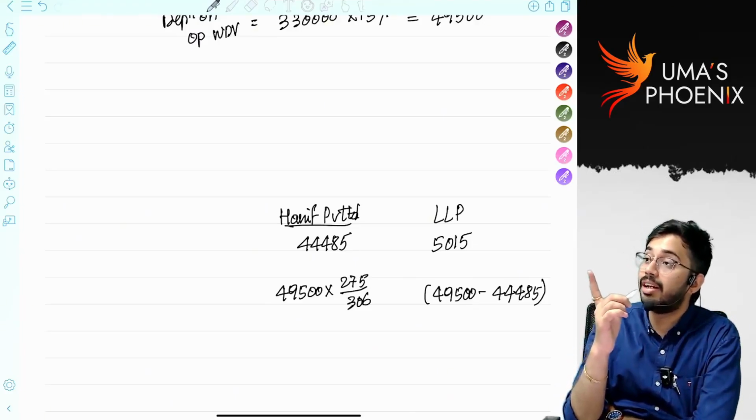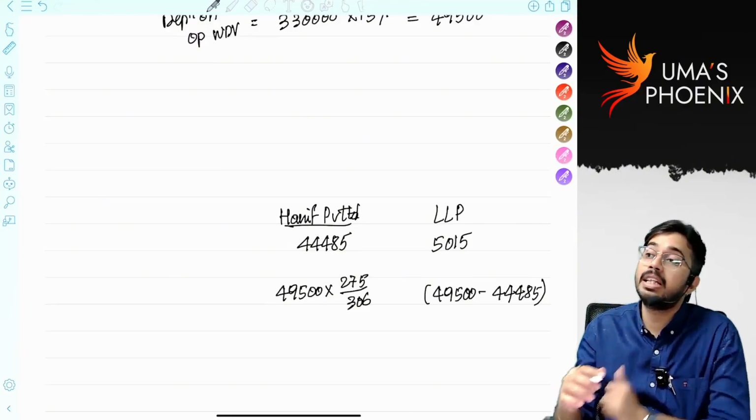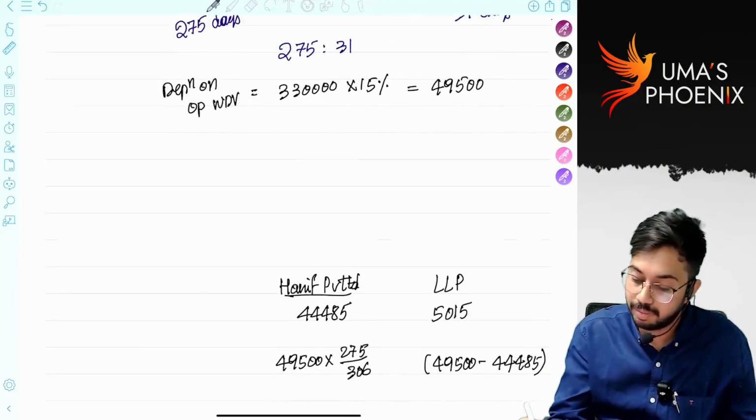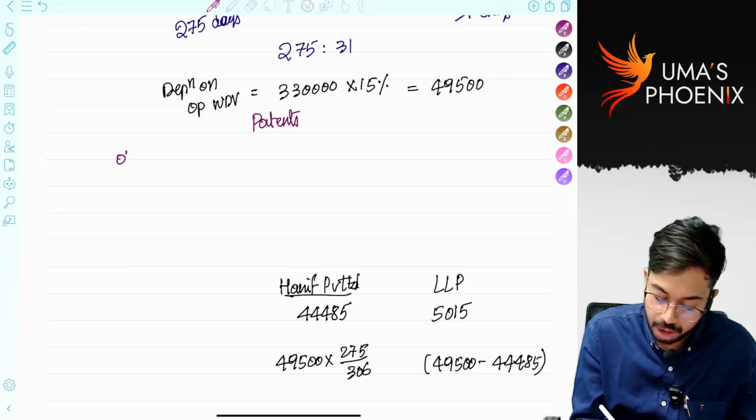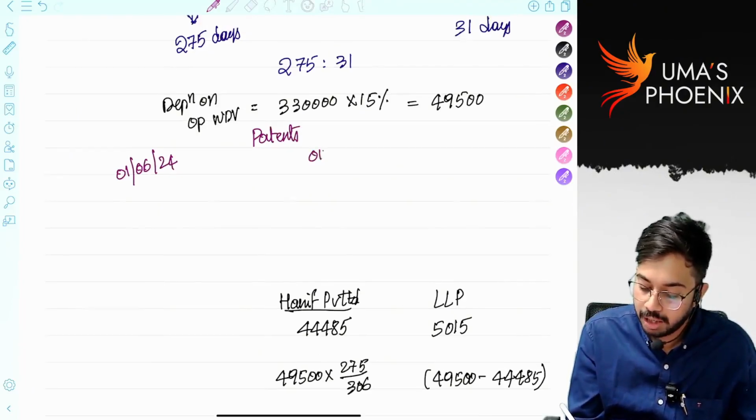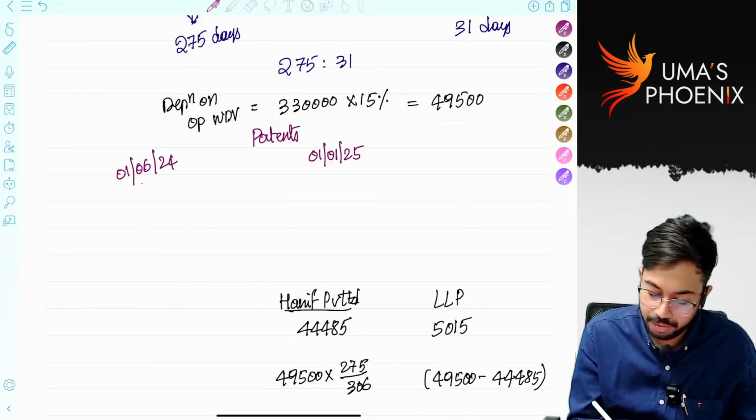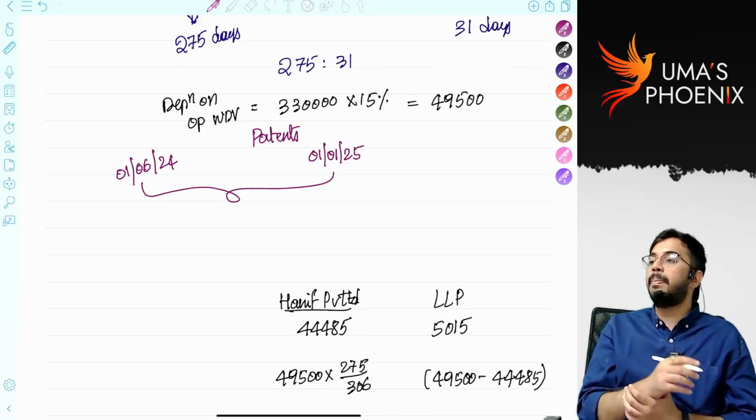Patents are also there, but be careful. When were the patents purchased? Patents were purchased on 1st June 2024 and they are used up to 1st January 25. For how many days were the patents used?